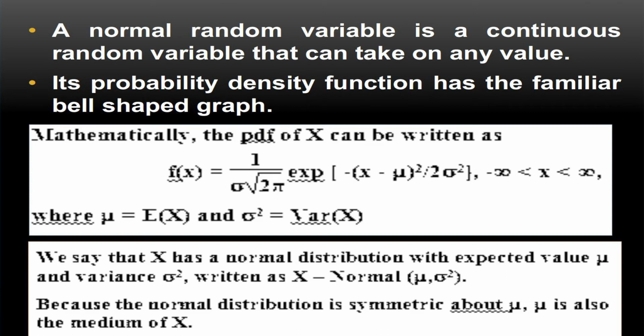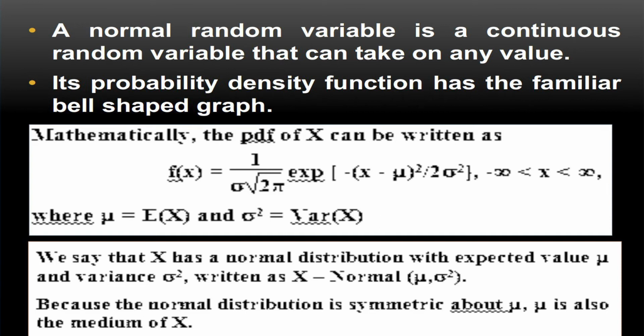Mathematically, the probability density function of a random variable x can be defined as f of x is equal to 1 by sigma square root of 2 pi exponential minus x minus mu whole square divided by 2 sigma square, where x varies between minus infinity to plus infinity.